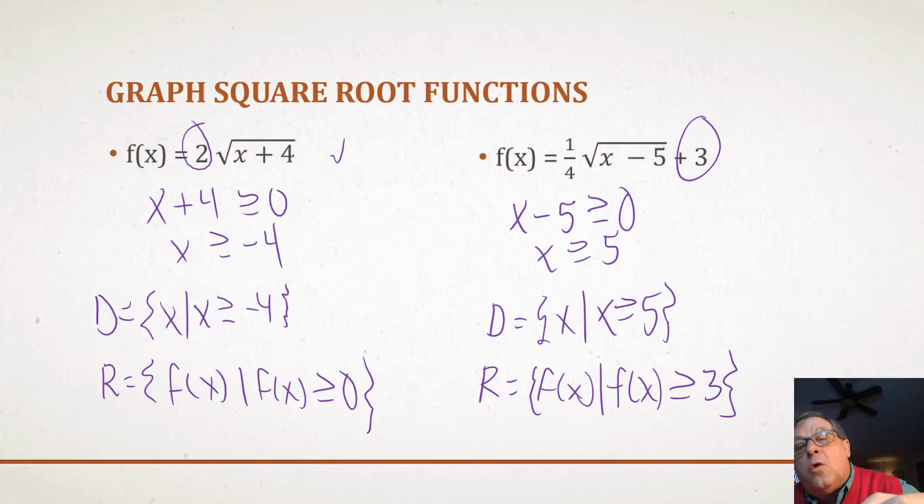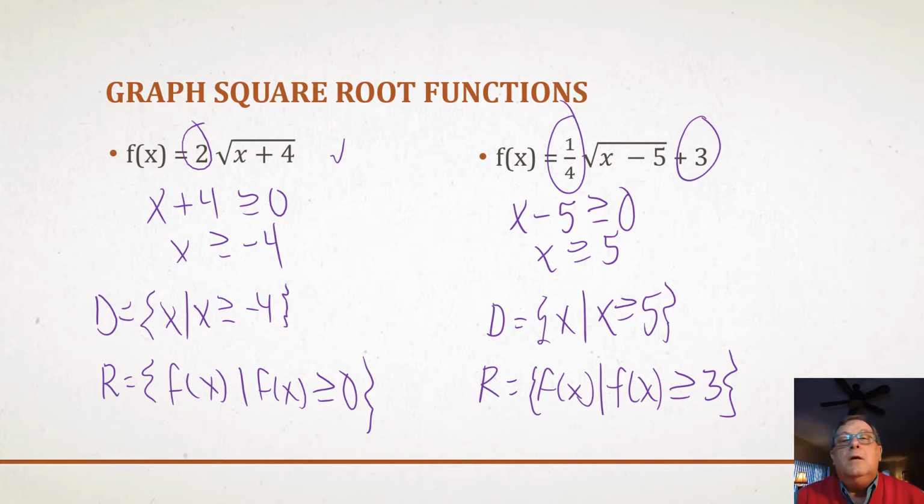And this 1/4 here, this dilation, is going to compress it, pushing it down closer to the x-axis by a rate of 1/4. So now we're going to go over to the calculator and graph these two functions alongside the parent function so that we can see the effect of these transformations.